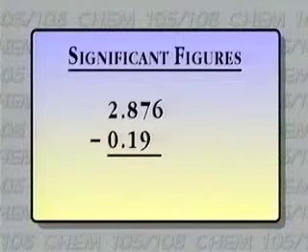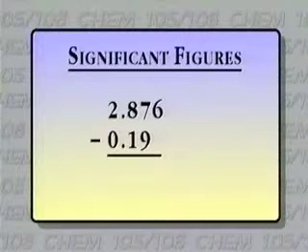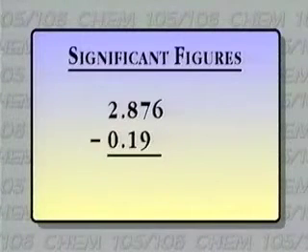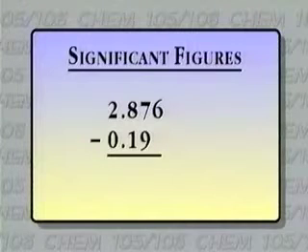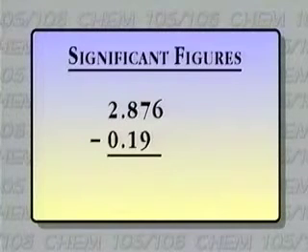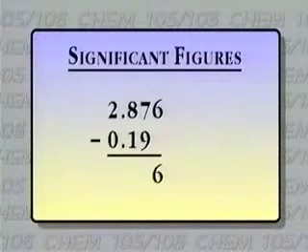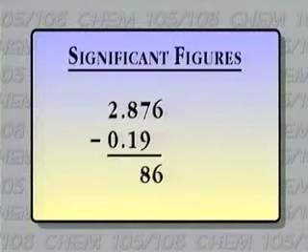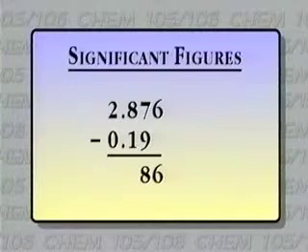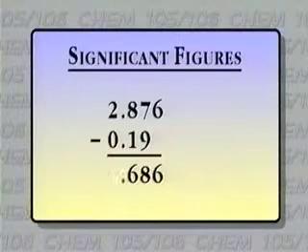Now, we don't just arbitrarily throw away this 6. First we do the math, then we change it to the proper number of significant figures. So subtracting this, we would have a 6, and 9 from 7 would give us an 8, and we borrowed 1, so 7 minus 1 would be a 6, and a 2.